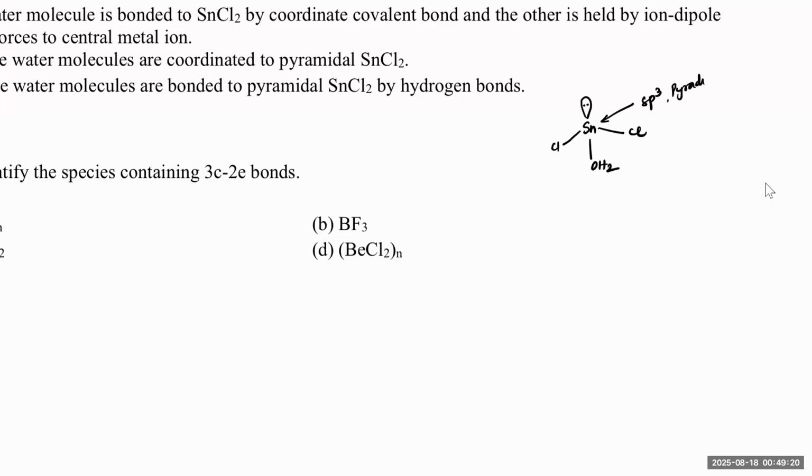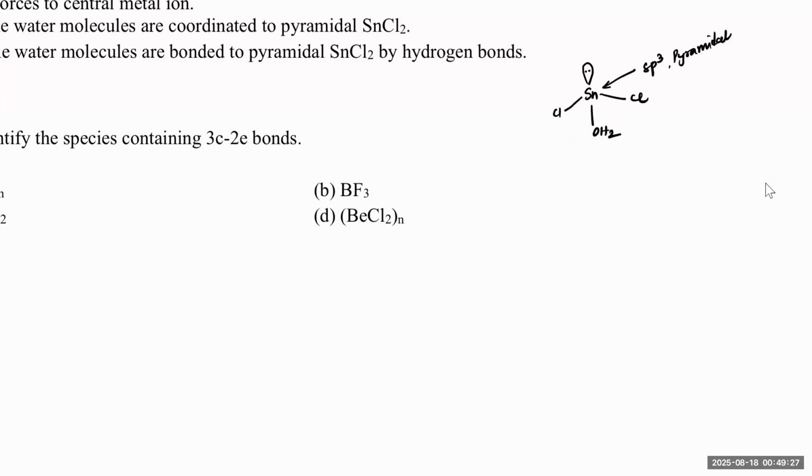Pyramidal structure. And out of this structure, the oxygen present here will make a hydrogen bond with the other water molecule this way. Of course, here also there is a bonding, but like I said, in inorganic we do not call it a hydrogen bonding here. So how many hydrogen bonds do we have?